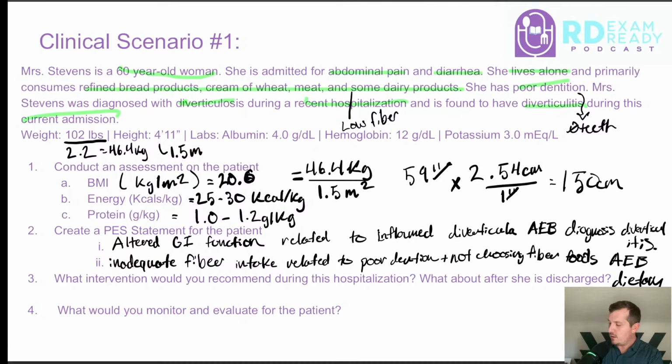So if I read that one out, it would be inadequate fiber intake related to poor dentition and not choosing high fiber foods, as evidenced by her dietary recalls. The dietary recall is what we're using to say, okay, this is where we found out that she's not eating very much high fiber foods.